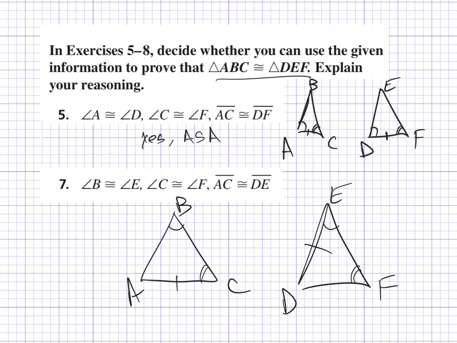Okay, so since they're in different positions, you can't say angle, angle, side. We have angle, angle, side here, but it's going the opposite direction to get there. We're going from a double angle here to a single angle to the side. Here you're going from a single angle to the double angle to the side. So no, there's not enough information to prove what we need.